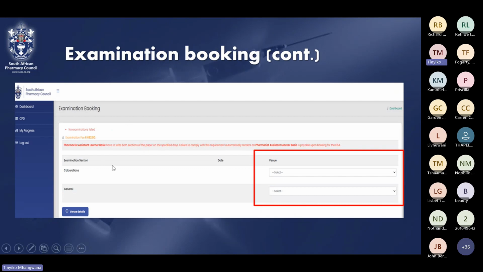When you are on that, it will navigate you again to this page where you need to book the venue. Under venue, you are going to get this tab. Click on the down arrow so that it gives you the options to choose from for the venue that you want to book the exam for.